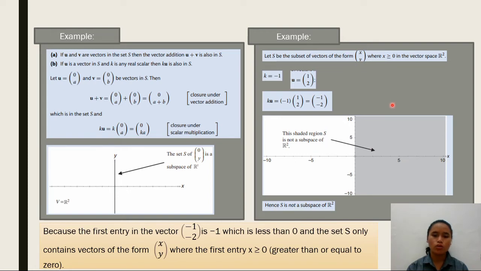Jadi kalau kurang dari 0 dia bukan subset, bukan subspace.